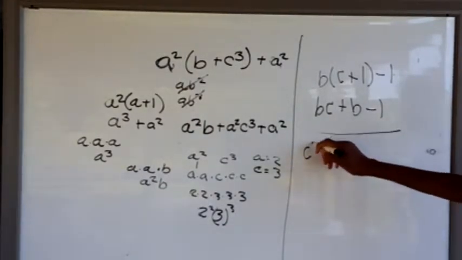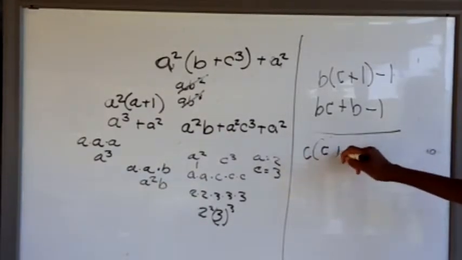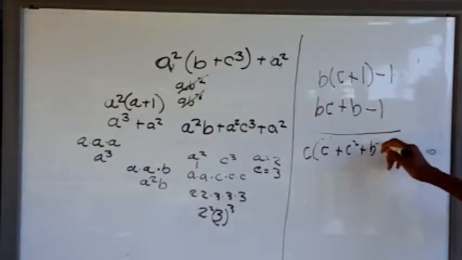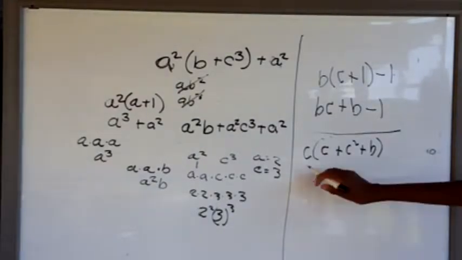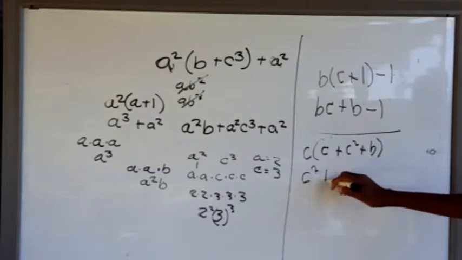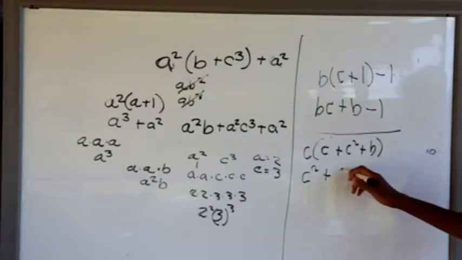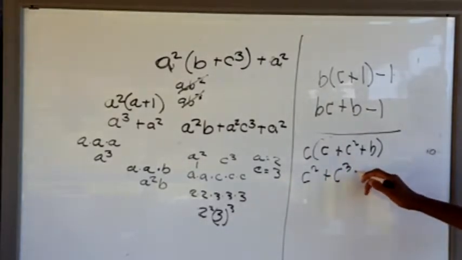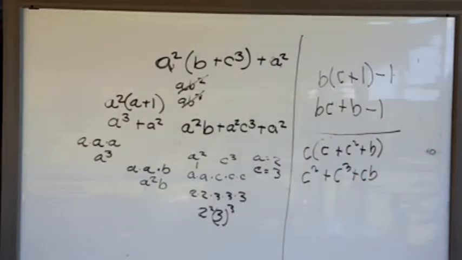Next we have c times c plus c squared plus b. Then we do c times c, which is c squared, plus c times c squared, which is c to the third, and then c times positive b, which is positive cb.